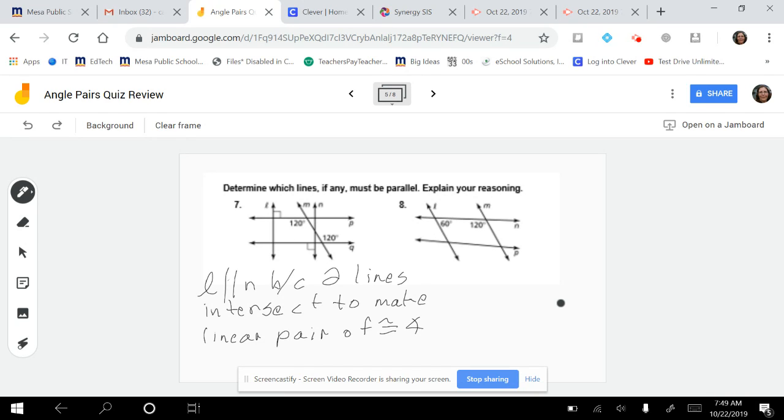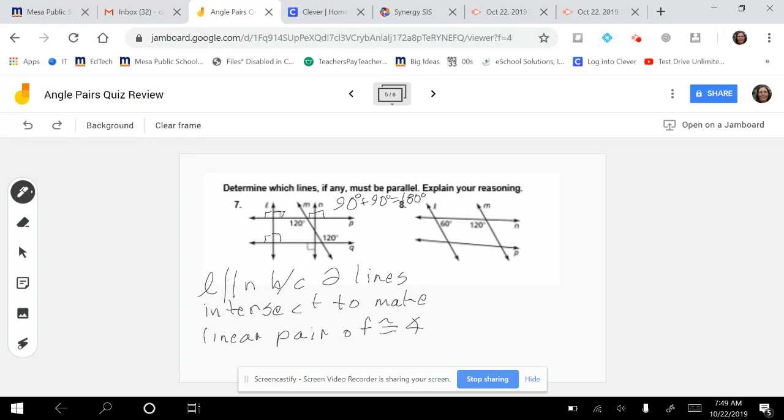So what that's just saying is that this is a linear pair. So if you look right here, this is going to be 90 and these are also 90. And then we go by corresponding angles. If this is 90 degrees, then remember, everybody, 90 degrees plus 90 degrees is equal to 180.